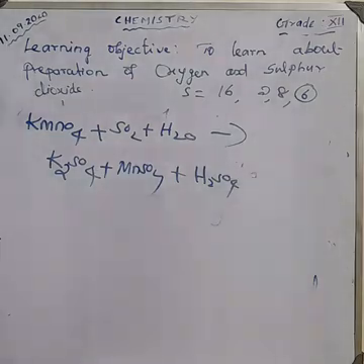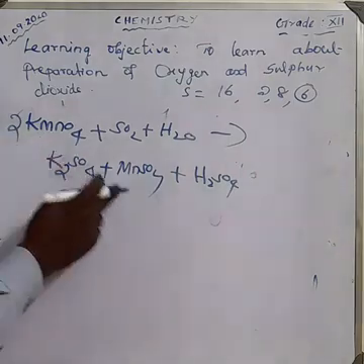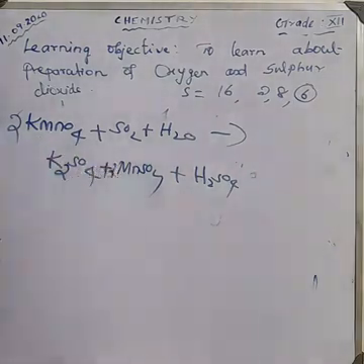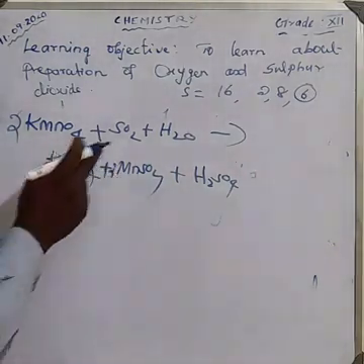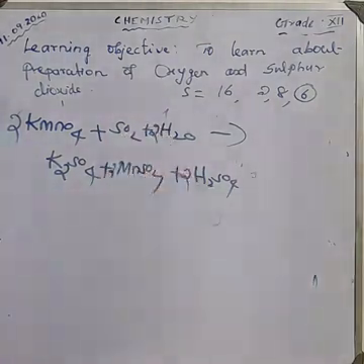Then how can we balance the equation? 2 potassium is there, make it 2 potassium. 2 Mn is there, so make it 2 Mn. Oxygen is not balanced, so make it 2 here, make it 2 here. Now the equation is balanced.